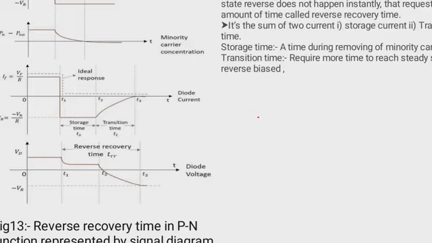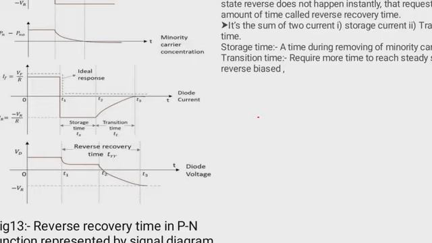Next is the transition time. What is transition time? After the storage time, the diode is in open circuit condition, because the minority charge particles are removed from one side to the other, and that is why it comes into open circuit condition at t equal to T2.